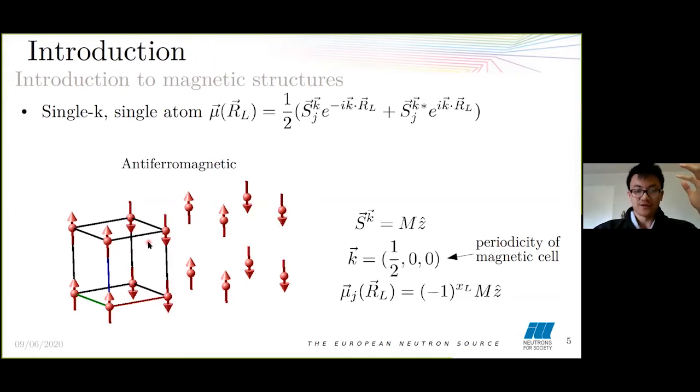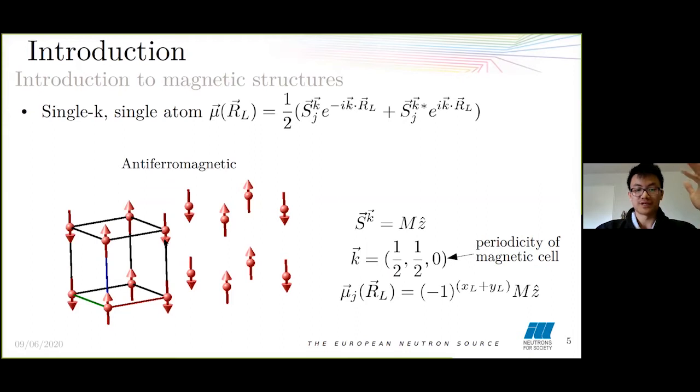Then, if you have a propagation vector of 1/2 along the x-axis, so along this axis, you can have an antiferromagnet, and you can see that the periodicity of the magnetic cells is 2 times higher than the nuclear one. Then, if the propagation vector is also 1/2 along the y-axis, you can also find this periodicity along this axis.